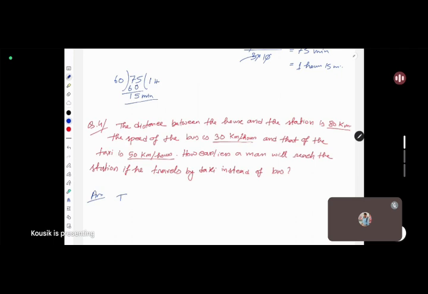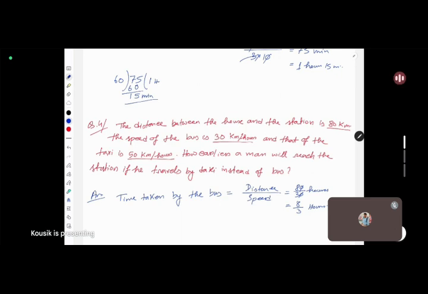So time taken by the bus is equal to distance by speed. Distance by speed, so that means 80 by 30 hours. So 8 by 3 hours.